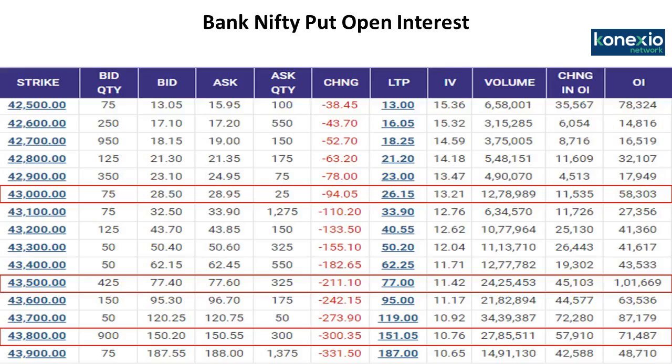This is clearly indicating that smart money is writing the out of the money Bank Nifty puts. They have strongly written the out of the money puts. That means the trend is very bullish, and we might see surprisingly sharp short covering from the breakout points.